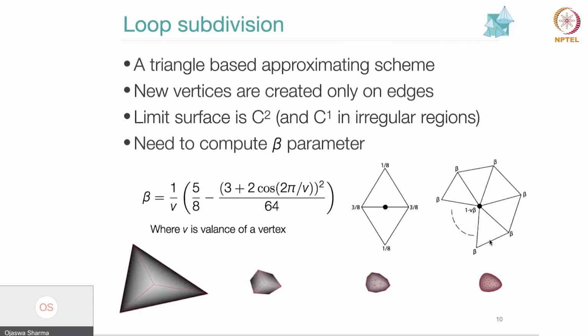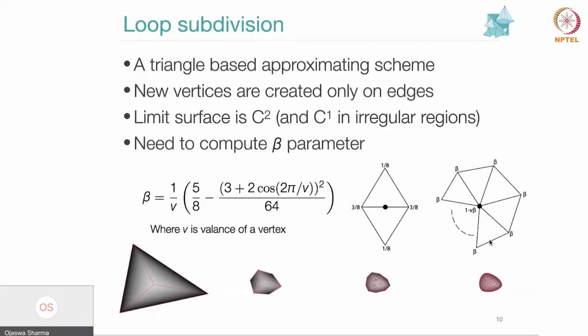So again, new vertices are created only on edges, and the limit surface is C2 for regular regions. For regular vertices, it's C2, and it has been proved that it's C1 for irregular ones. If there are vertices that don't have valence of 6, then it can result in a C1 region around that vertex. And those are the masks for loop subdivision.